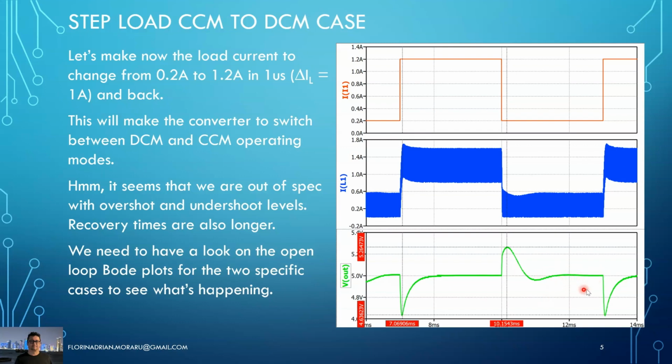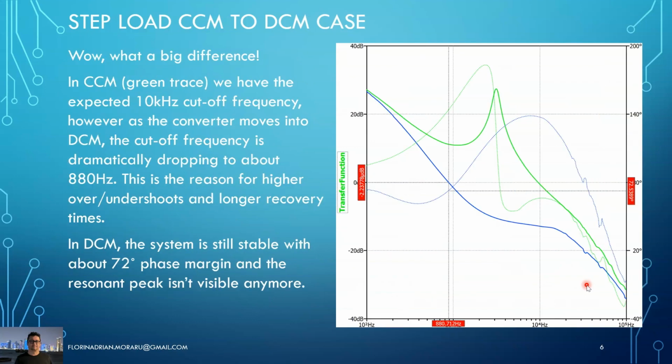There is no oscillation in the output voltage, but yeah, as we noticed, the response is much slower. Okay, another point to note in this discontinuous conduction mode, we can't see the resonance peak in the open loop transfer function.